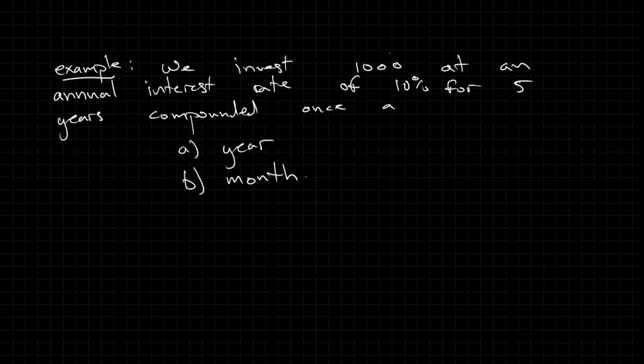A few relevant definitions. This 1,000 that we invested is called the principal. This annual interest rate of 10% is called the annual percentage rate, or APR. It's also called the nominal rate.